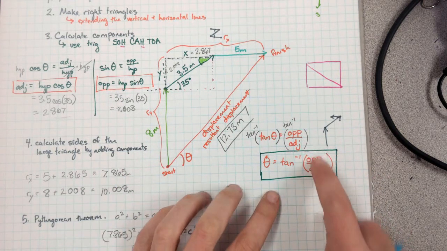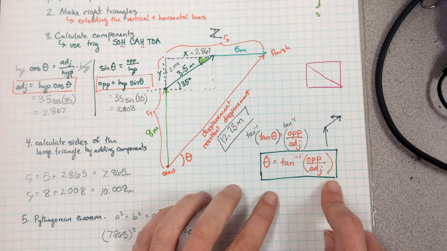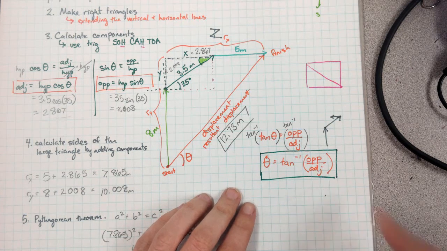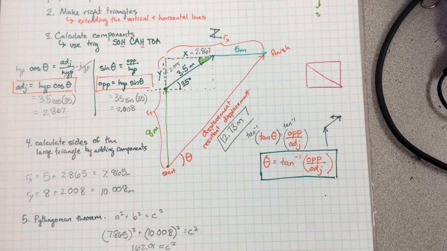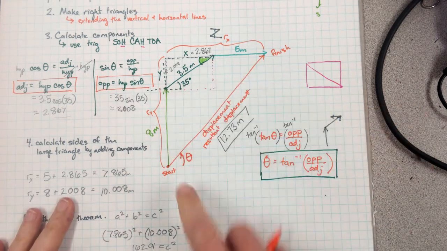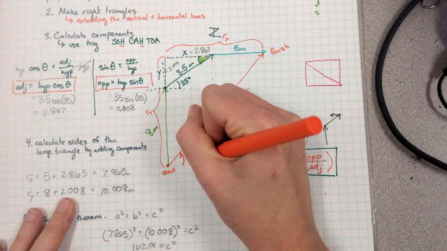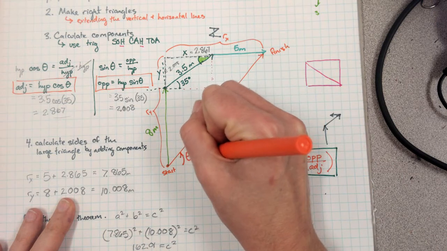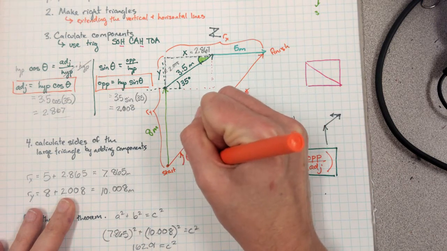So at this point, it depends which side we choose to be the opposite side and which side we choose to be the adjacent side, because we can measure two different angles. We can measure the angle north of east.